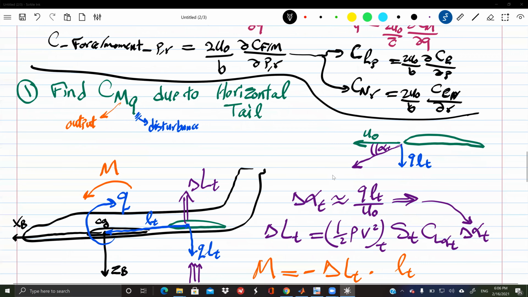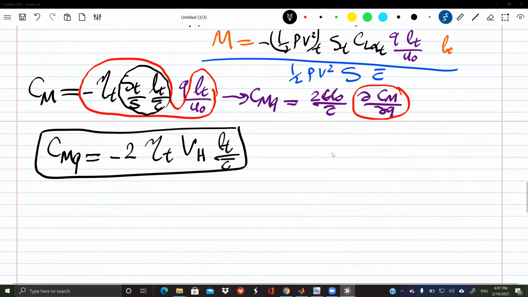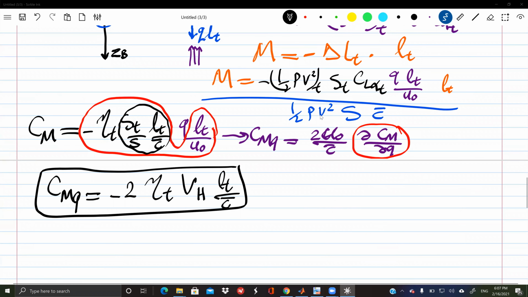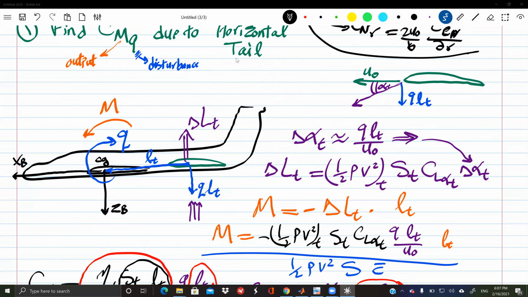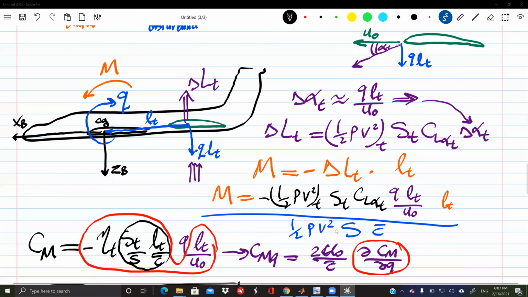It really depends on the component that you're considering. When we normalize and divide by 1/2 rho V squared, that's the reference, irrespective of what component you're considering, because we're normalizing for a reference for the entire airplane. And the reference for the entire airplane is chosen by the community to be that of the wing.